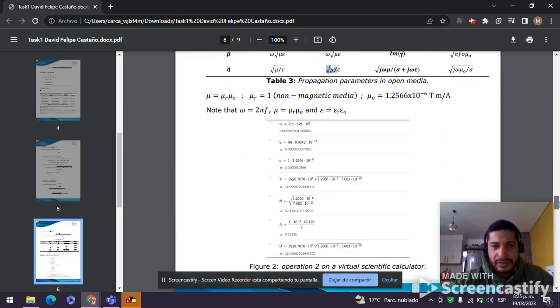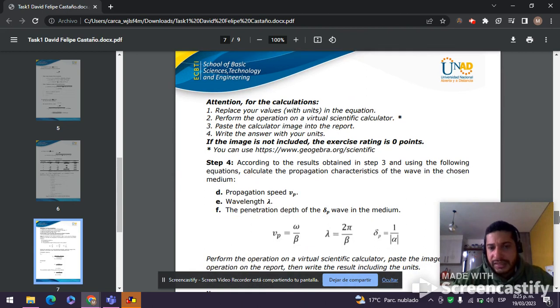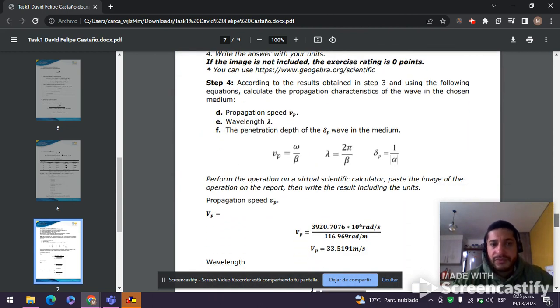Okay, continue with the exercises. In step 4, with the last answers, I will find the speed of propagation, wavelength, and the penetration depth of the wave in the medium.